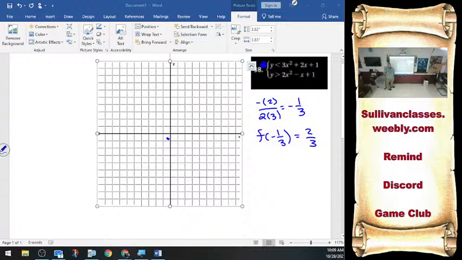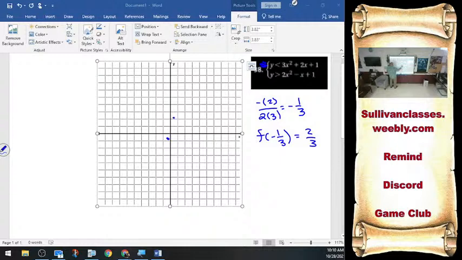So, is the function of negative 1/3 2/3? Negative 1/3 squared is 1/9. 1/9 times 3 is 1/3. Negative 1/3 times 2 is negative 2/3. 1/3 minus 2/3 is negative 1/3. Negative 1/3 plus 1 is 2/3. Perfect squares times 3. Over 1 up 3, not 1.